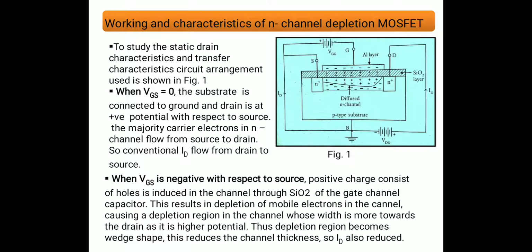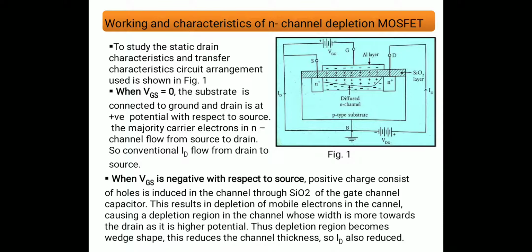Now we will discuss the working and characteristics of the N-channel depletion MOSFET. The circuit arrangement used is shown in the figure. Generally, drain and source are both heavily doped N regions. Here, the drain is maintained at positive potential with respect to source by battery VDD.